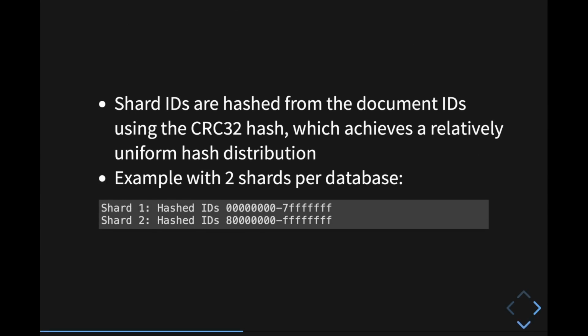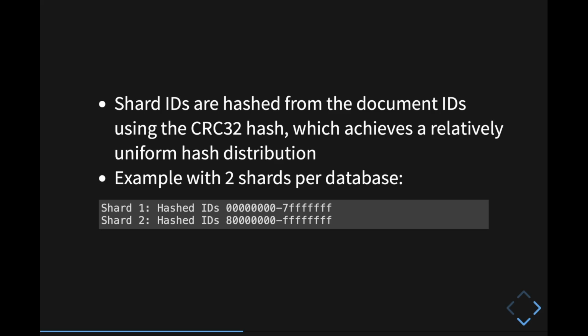In CouchDB, shard IDs are hashed from the document IDs using the CRC32 hash, which achieves a relatively uniform hash distribution. That's just me reading what's written there. What this means is that you don't need to worry about your ID distribution, because CouchDB hashes your document IDs before adding them to a shard, which means that no shard, or very rarely, will be much bigger than one another.